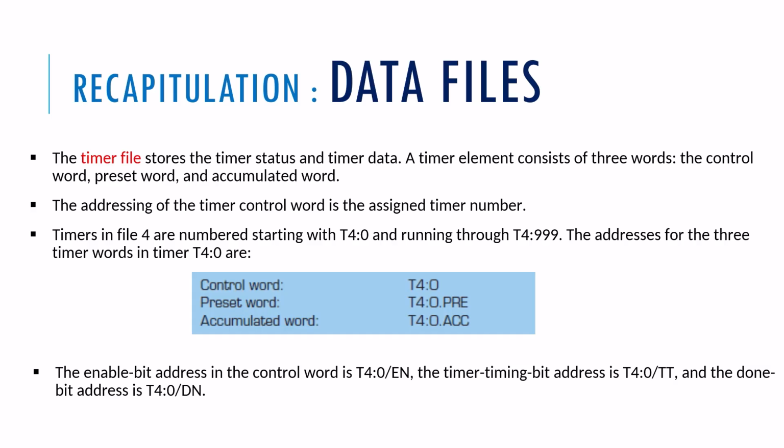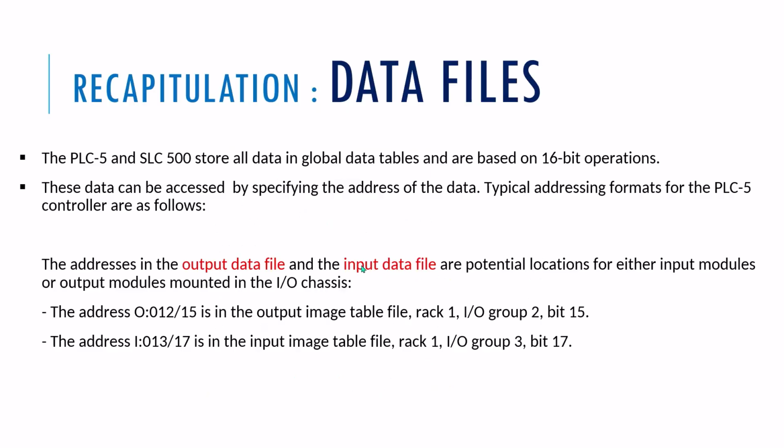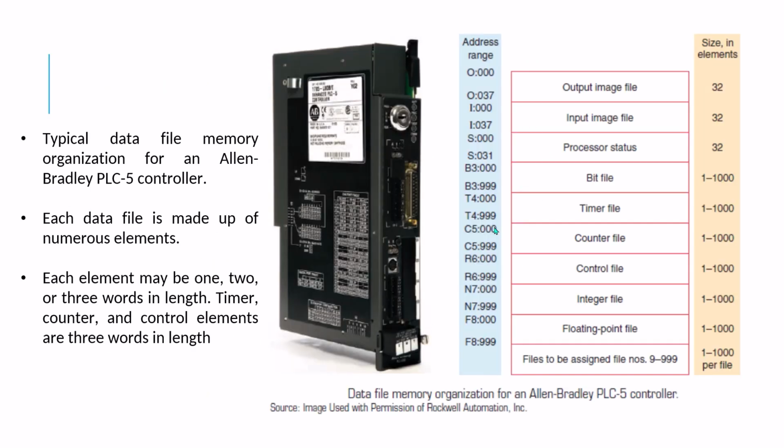So whatever data is going to the output file register has to be stored at some location. So these are the locations. Now you can understand very easily that whenever we are talking of timers, there is a large area that has been designated for the timer. This is the reason.